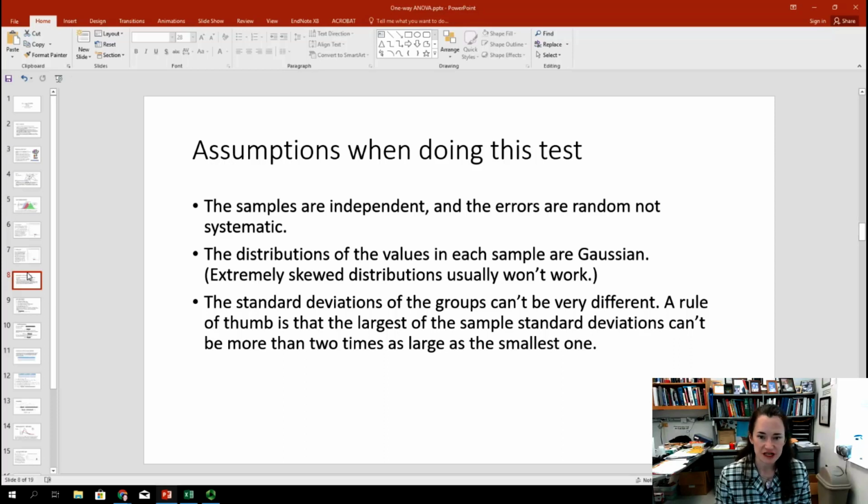Also, the standard deviations of the groups can't be very different, not super different. They can be a little different, of course. A guideline or a rule of thumb is that the largest of the sample standard deviations can't be more than twice as big as the smallest sample standard deviation. If that works out, then generally your ANOVA will work.